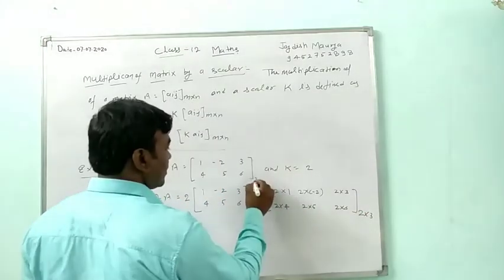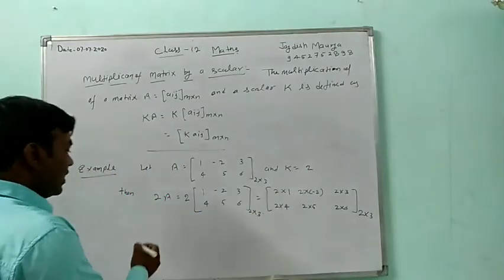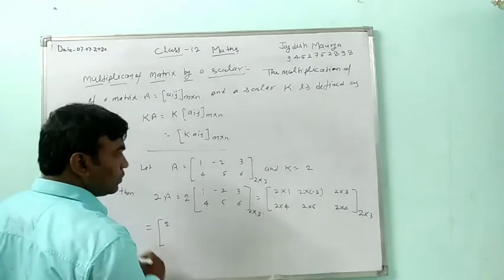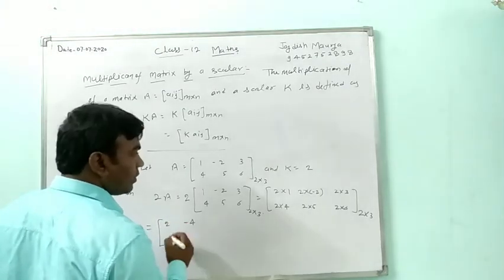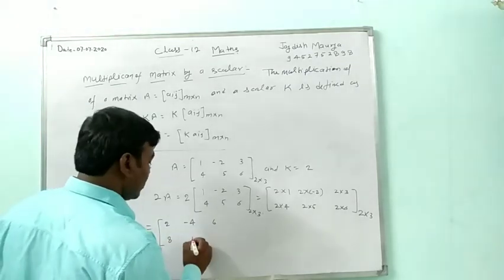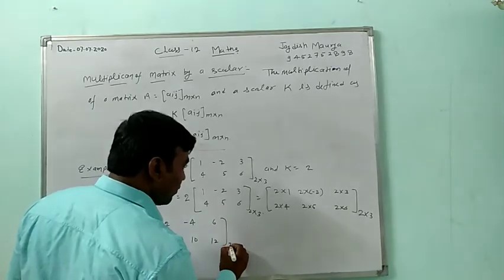This is a matrix 2 by 3, and this will come 2, minus 4, 6, 8, 10 and 12 of 2 by 3.